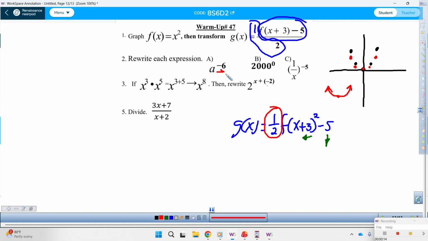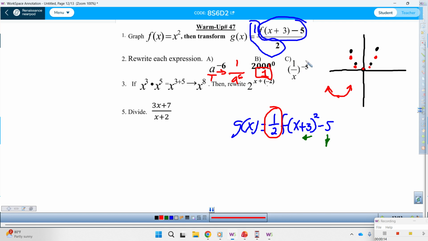Can we have a negative exponent? No. If we put a 1 underneath, do the reciprocal, so it becomes 1 over a, and the exponent becomes a positive. Or, in other words, if we send this to the denominator, we change it to a positive. B, any number to the 0 exponent is 1. That's why I'm using those ridiculous numbers, 2,000 to the 0 exponent.